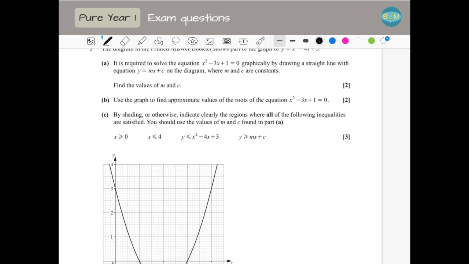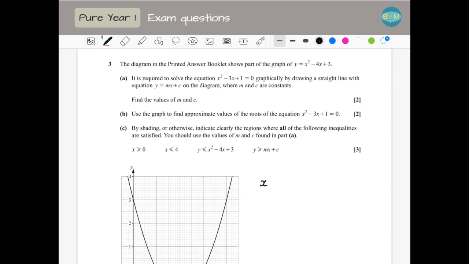So the first one is x squared minus 4x plus 3. The difference between this one and this one is that I have here plus x and minus 2. So if we make this equal to minus x plus 2, when I reorganize this equation, this minus x is going to make this minus 3x, and this plus 2 is going to make this plus 1.